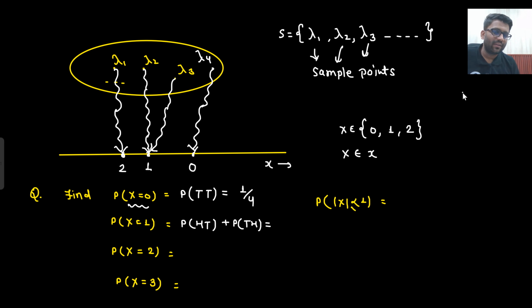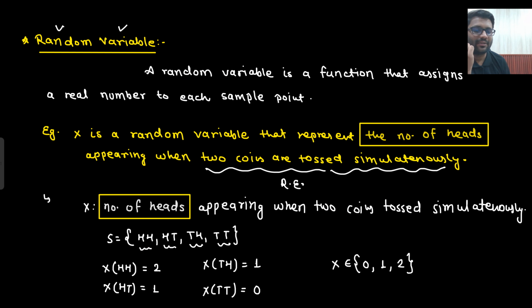In probability, whenever I say or, that means plus, and whenever I say and, that means multiplication. Or dot I can put. Very basic of probability. I hope you know the very basics of probability, right? So the number of heads should be 1 when I toss two coins simultaneously. That means my desired condition would be head-tail or tail-head.